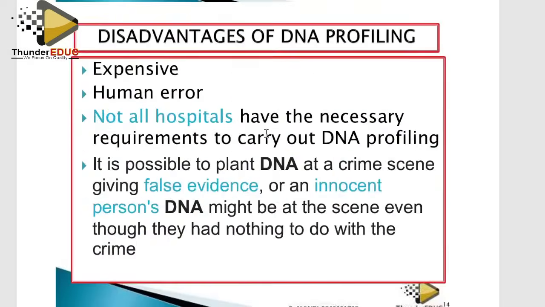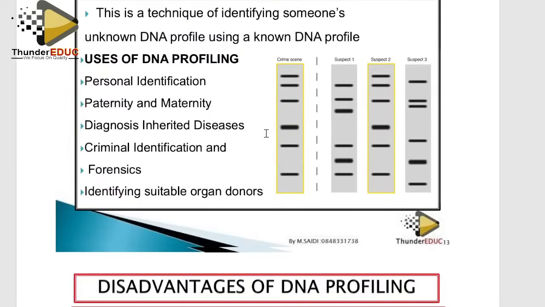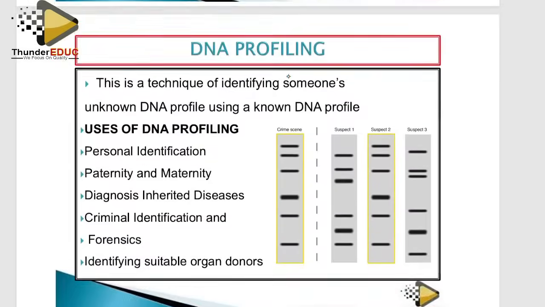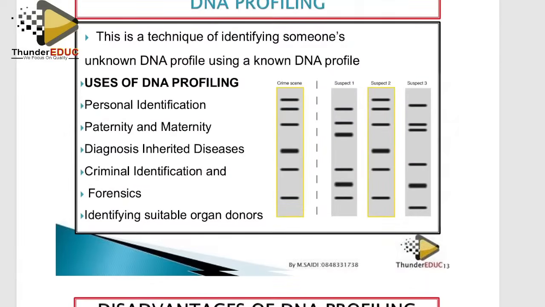When they bring a question about DNA profiling, in most cases we bring a scenario, something like this, and then we ask you a few questions about it. Let me explain. For example, if the question is about criminality and they ask what is another function of DNA profiling, then you don't talk about criminality.